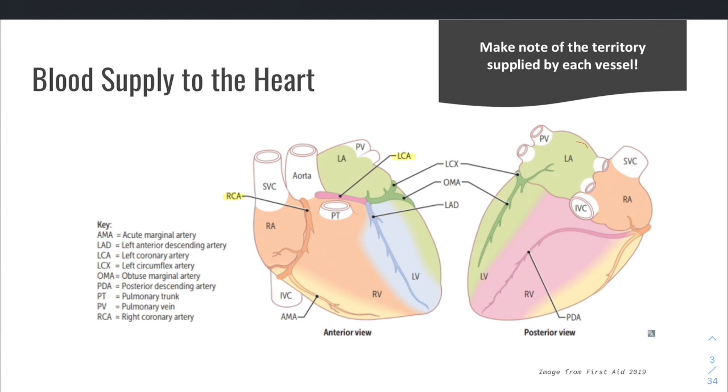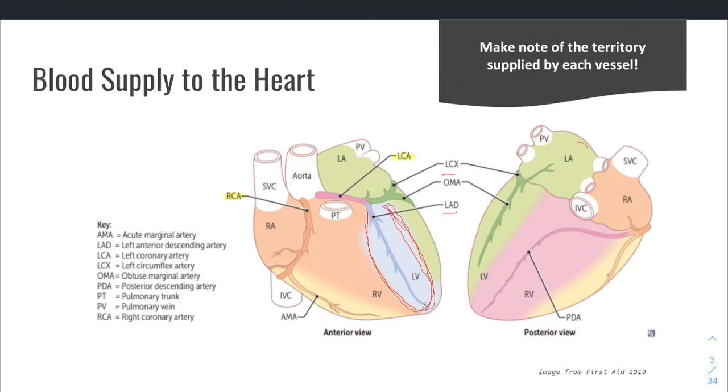So your LCA is going to divide into your left circumflex and your left anterior descending. The region of the left anterior descending is mostly anterior, and it's going to cover some of the anterior septum, interventricular septum as well.